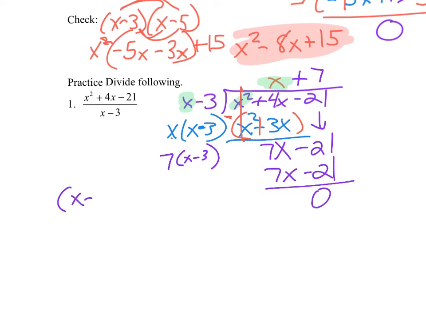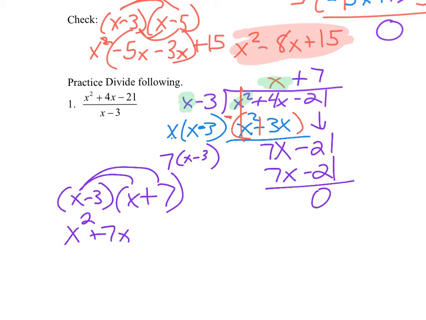So we're going to try this out now. We're going to try x minus 3 times x plus 7. And that should give us x squared, 7x, minus 3x, minus 21. So now we've got the minus 21, yay! X squared plus 4x minus 21.